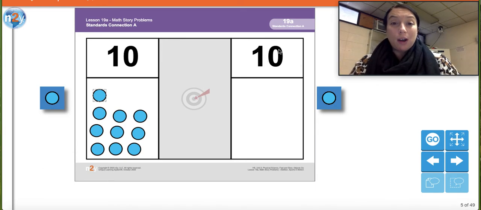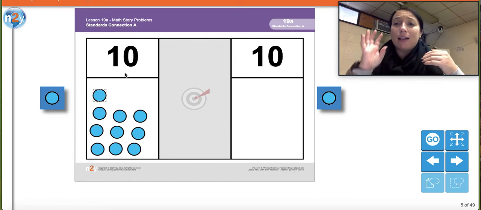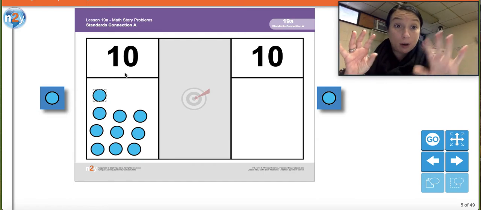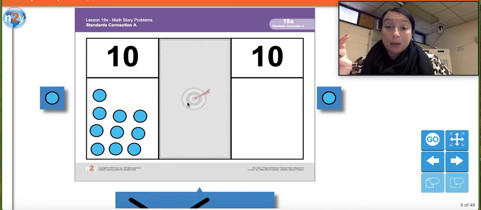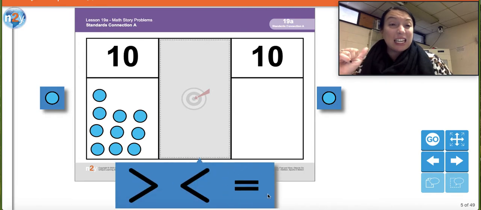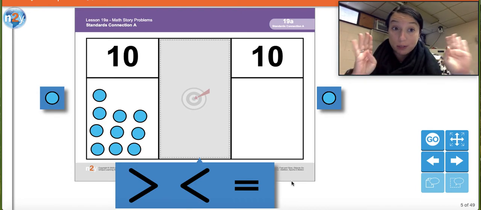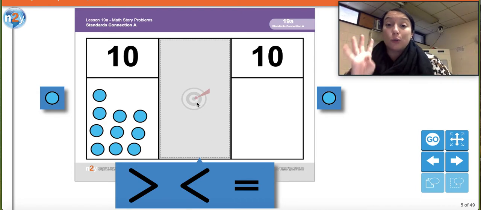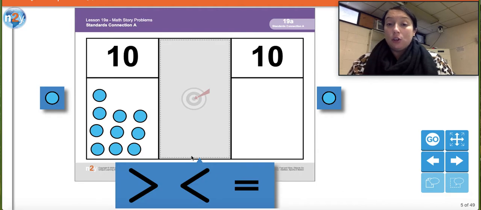So there's a 1 and a 0. Is that the same or different than what's on the left? You're right, it's the same. I have a feeling that 10 and 10 are the same number. And when we talk about the same, we know we talk about this equal sign. But Miss Ashley doesn't want to jump to conclusions. So let's count it out because we always want to make sure we count it out.